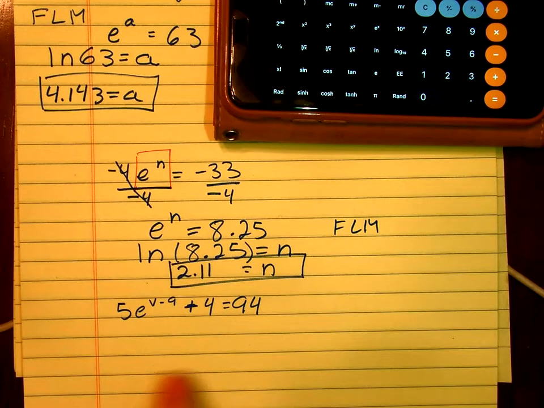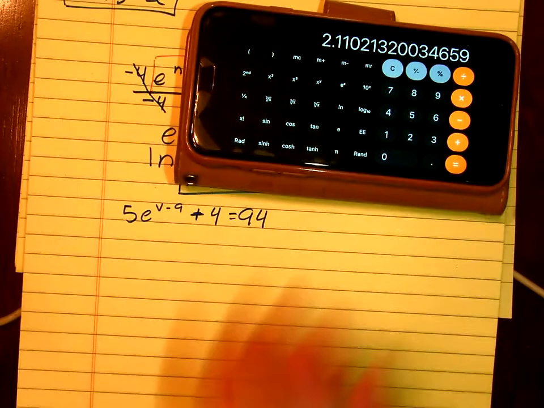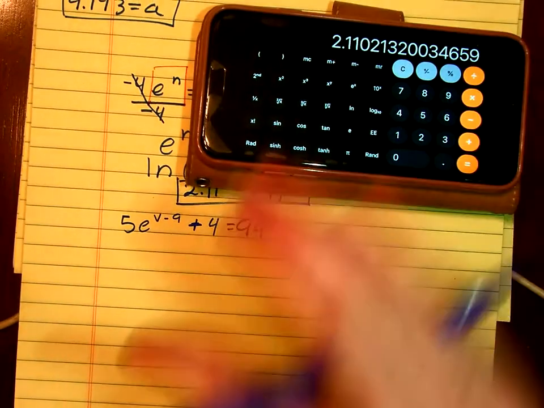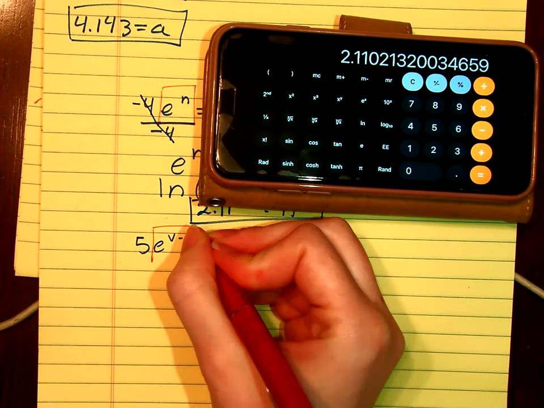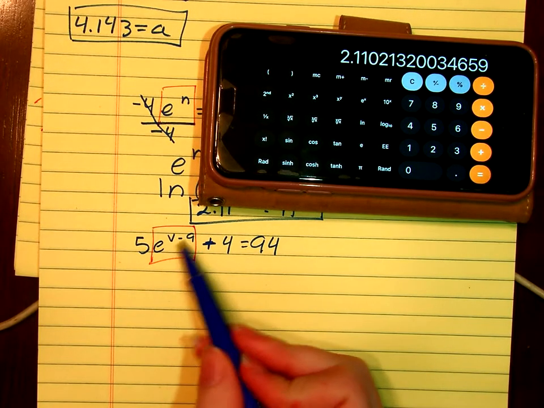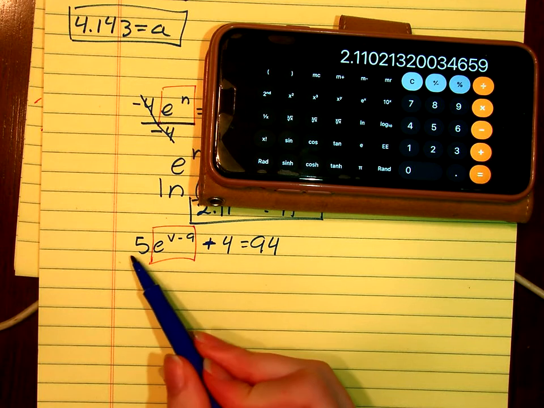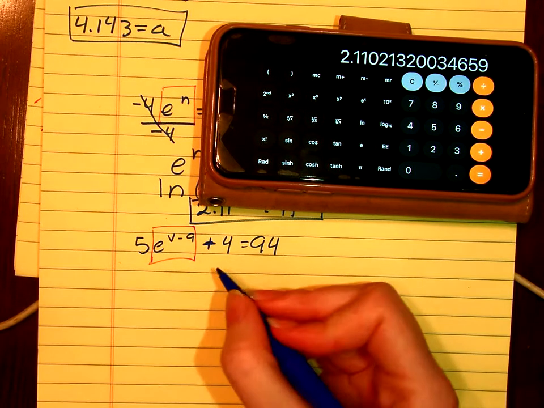Now what if we've got a whole lot going on? Well, it's still the same exact process. So again, we want to try to get E by itself. So I'll box that in, and we're pretending this is one giant variable. So do I undo multiplication, division, or addition, subtraction first? Always undo addition, subtraction first.